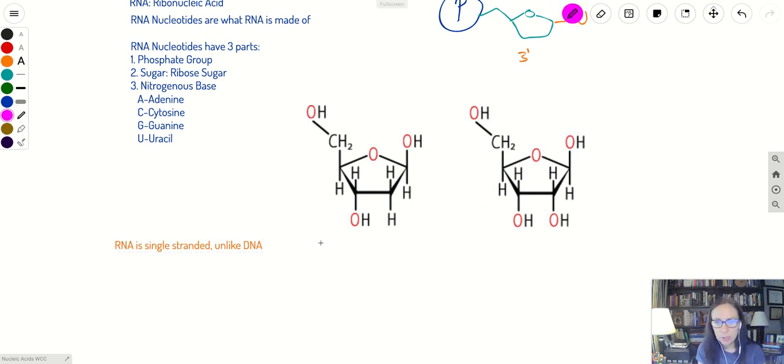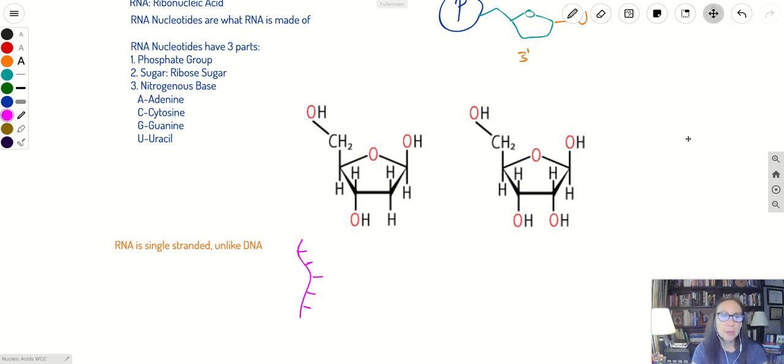Let me just draw that. It'll look like this. Here's our single-sided ladder, and you only have half of the rungs on there, whereas with DNA, you have the full ladder with the whole rung. So just half like this. That's what RNA looks like.